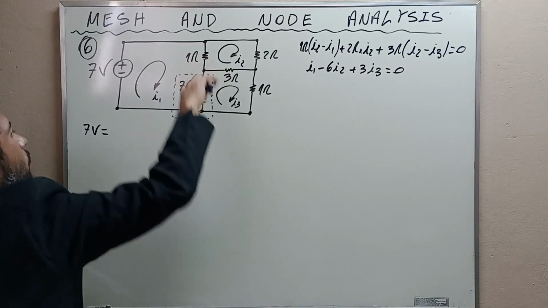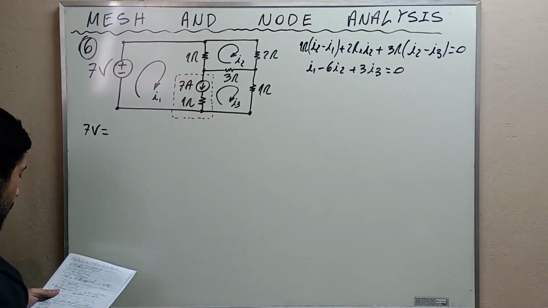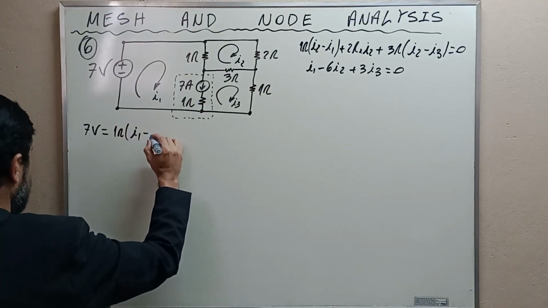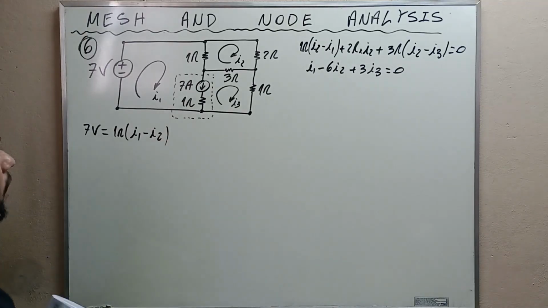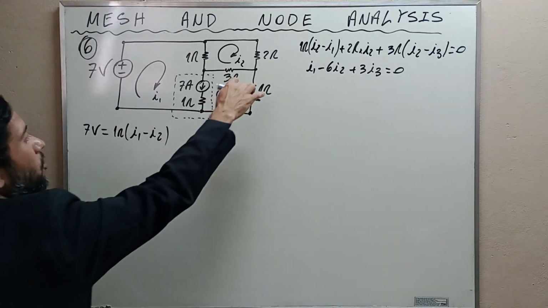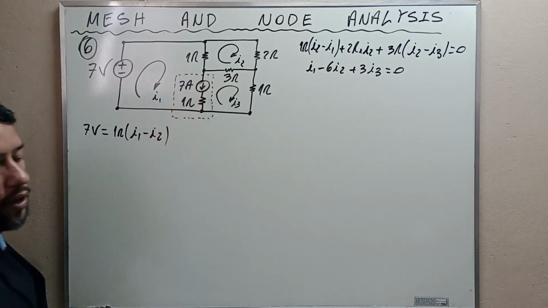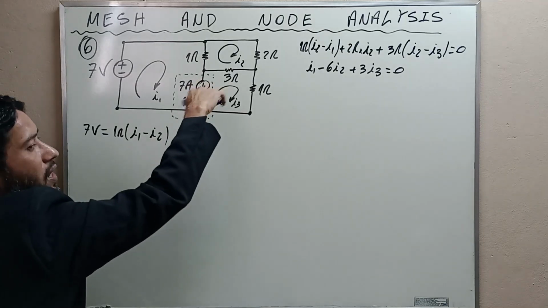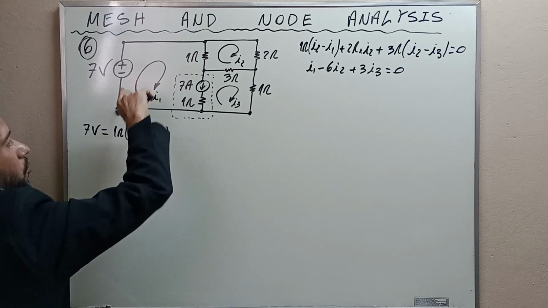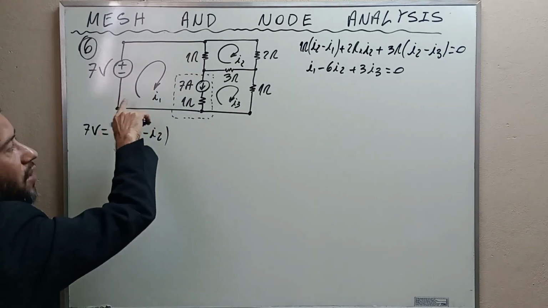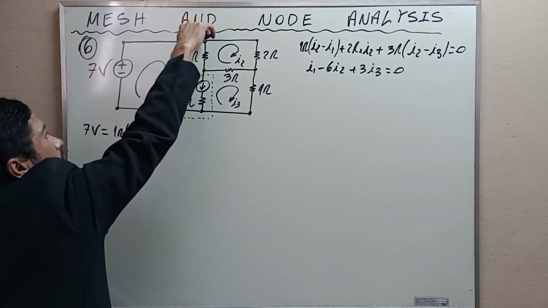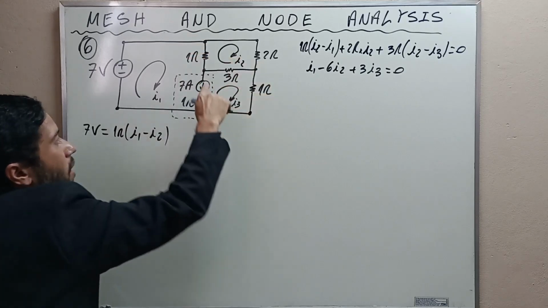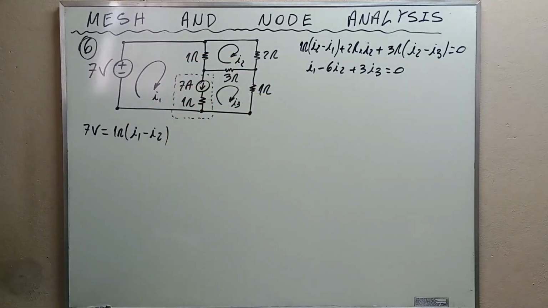I1 goes downward and I2 goes upward, then it is 1 ohm times I1 minus I2. Let's see now this, okay, because when we have a super mesh, we can simply neglect this. We are going to consider the circuit as if the current is flowing here and here. We are going to avoid this altogether, okay.